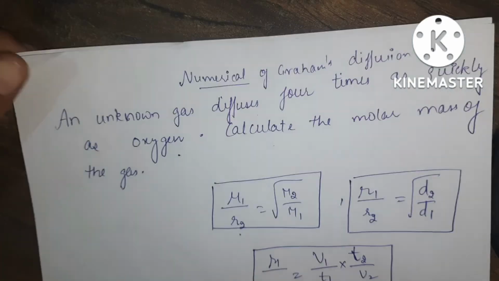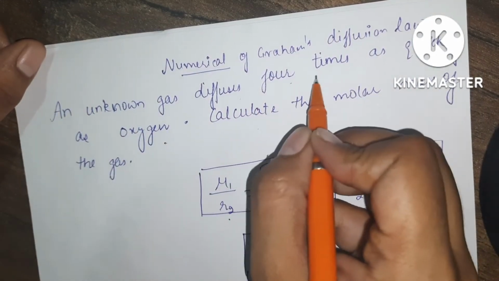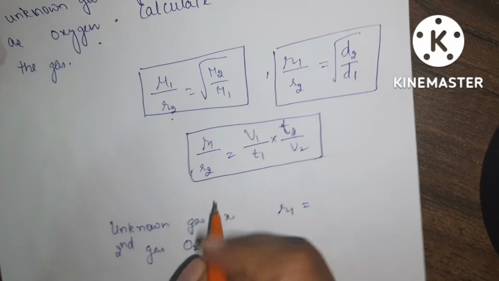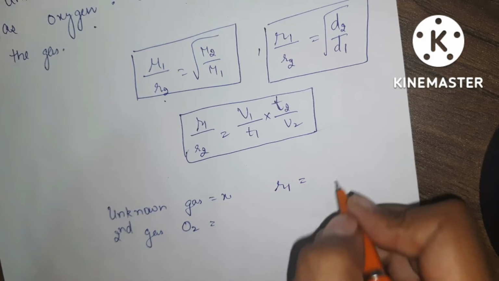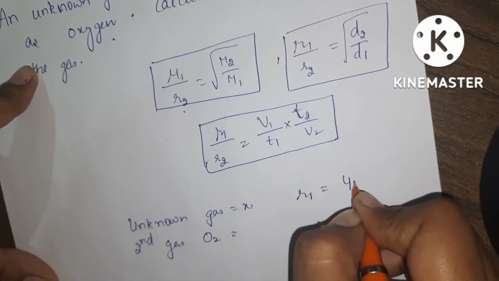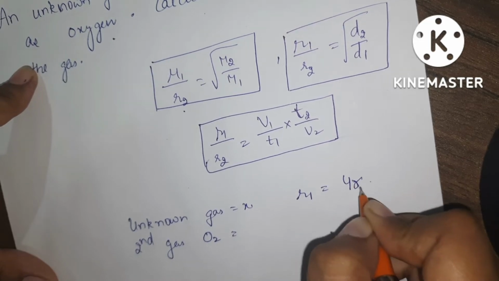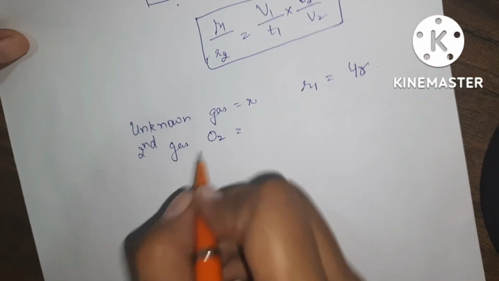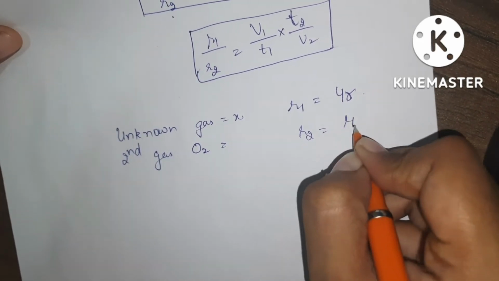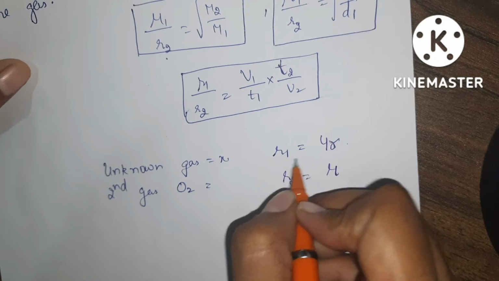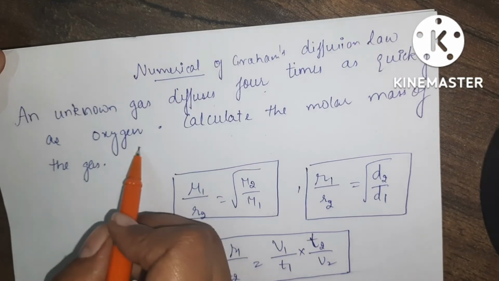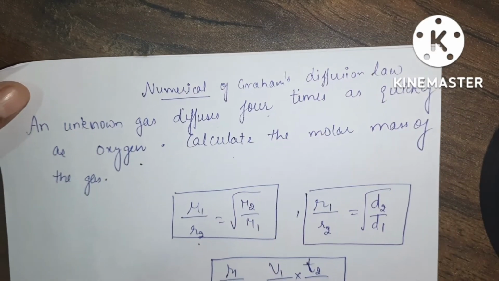Diffuses 4 times means the rate of diffusion of the first gas, the unknown gas, R1, is 4 times as quickly as oxygen. Let us suppose the rate of diffusion of oxygen is R, then the rate of diffusion of the unknown gas is 4R, because it is 4 times as quickly as oxygen.